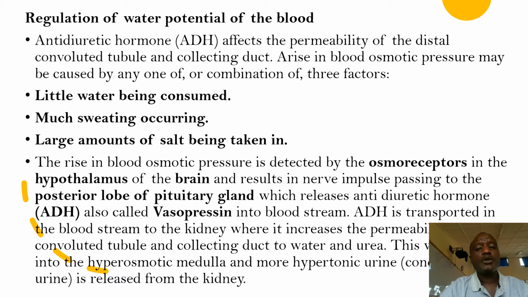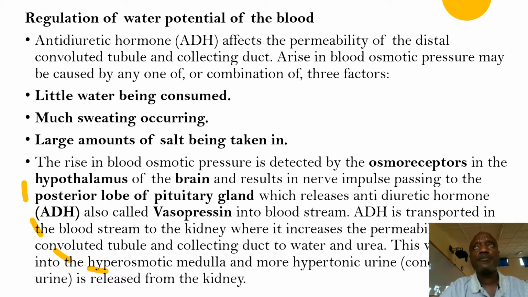So basically all these 3 main factors are the ones which trigger a rise in blood osmotic pressure. So again, let us see what would happen when the blood osmotic pressure increases in our body. The rise in blood osmotic pressure is detected by osmoreceptors in the hypothalamus of the brain.